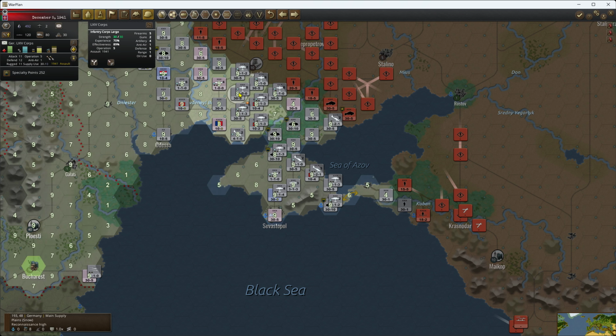Well, except for the south, single snowflake. Look at that. He's cleared out of that whole area in the Kuban, and I can't take advantage of it.